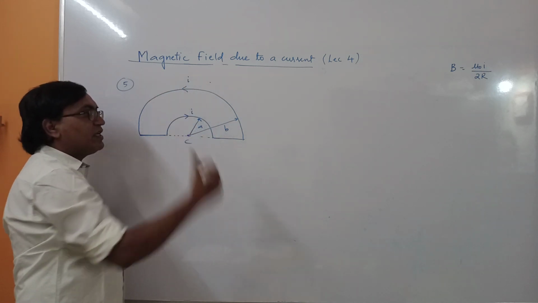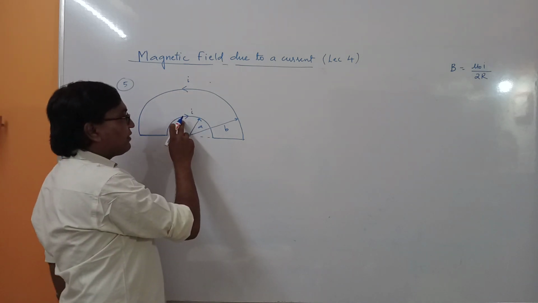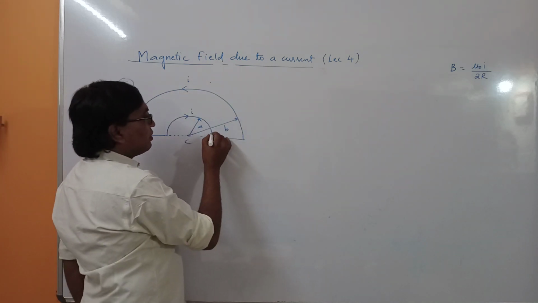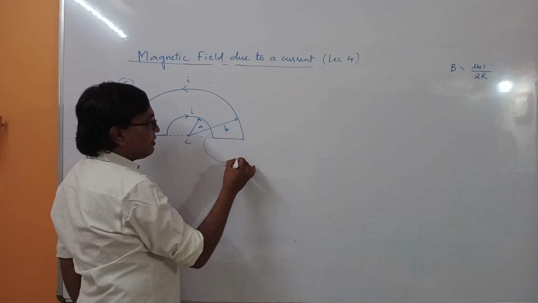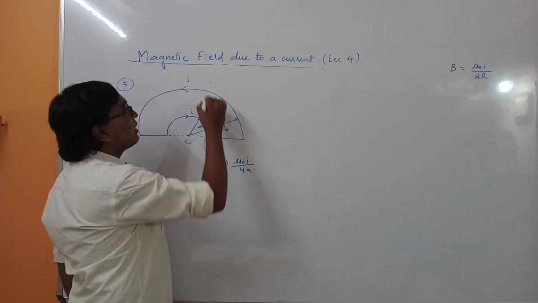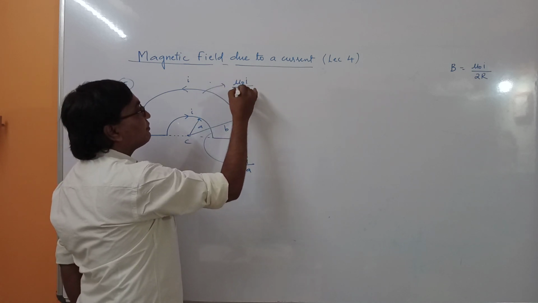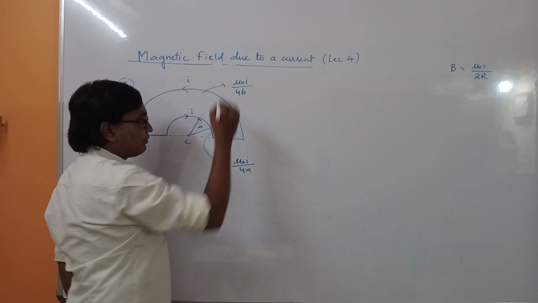This is anti-clockwise, magnetic field is outside the board. Okay. So magnetic field due to this part will be mu naught I by 4A, and due to this mu naught I by 4B.